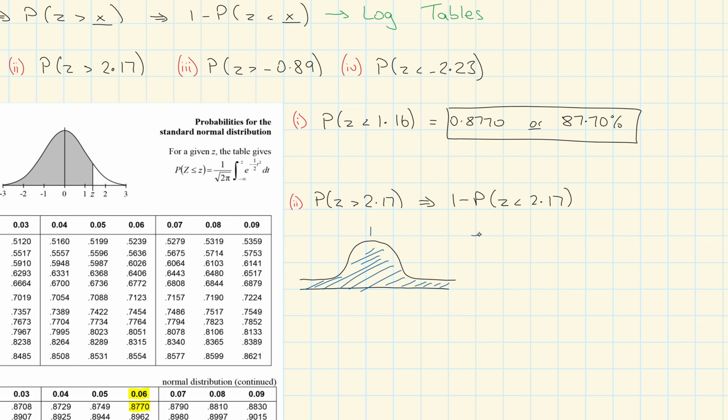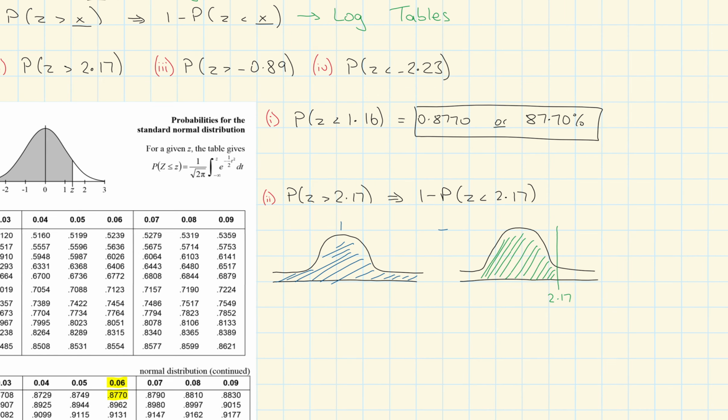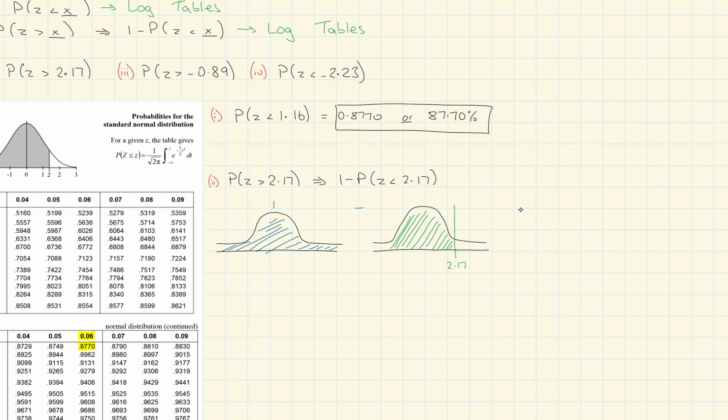And then minus, and then we have our point here, 2.17. So we calculate this area here. Color that green maybe. And then when we subtract that, it'll give us the leftover. There's my 2.17, and the red here is what's left over.